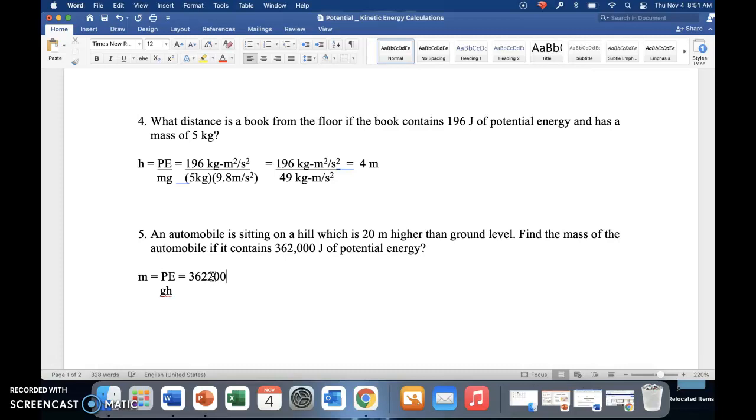We have 362,200. Again, we're going to need to convert that joules to kilograms meter squared per second squared. So I do that, set up my exponents here to show you that I have those two squared.